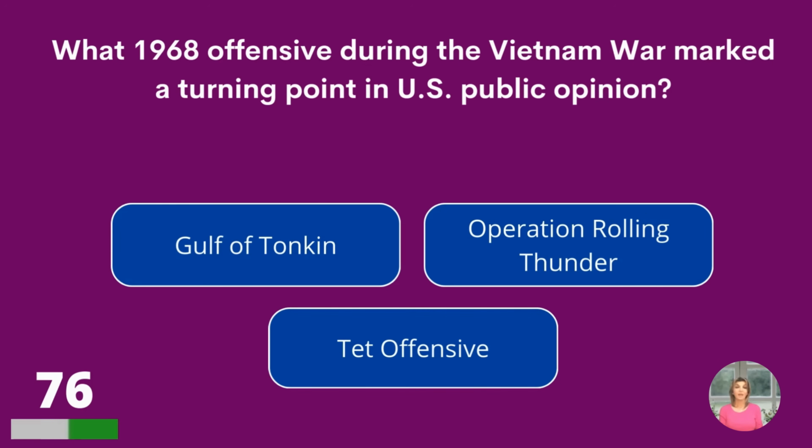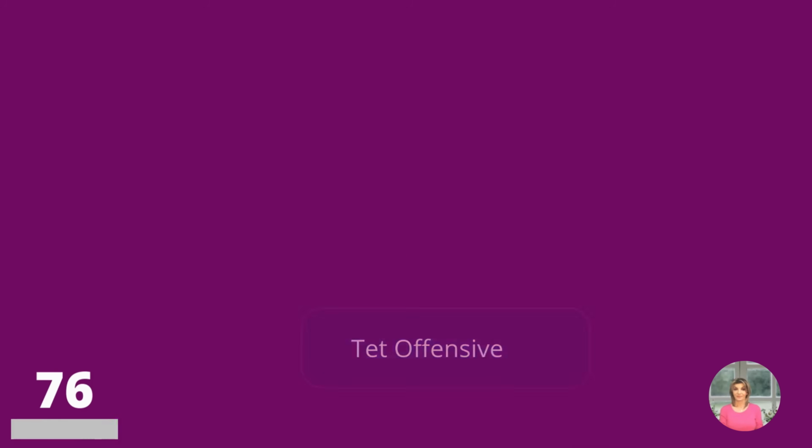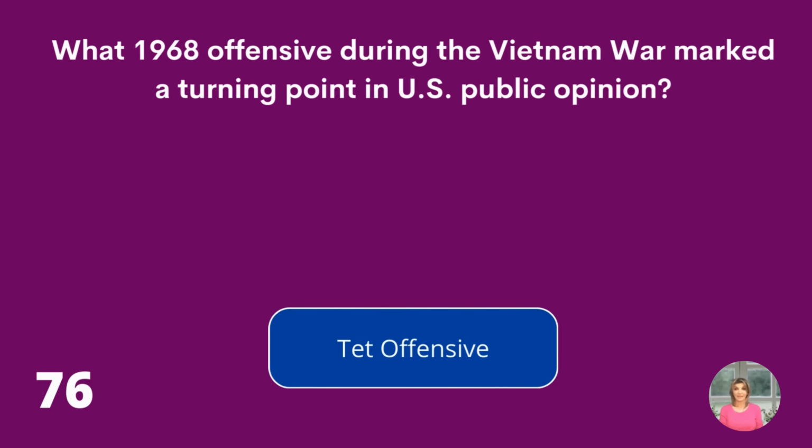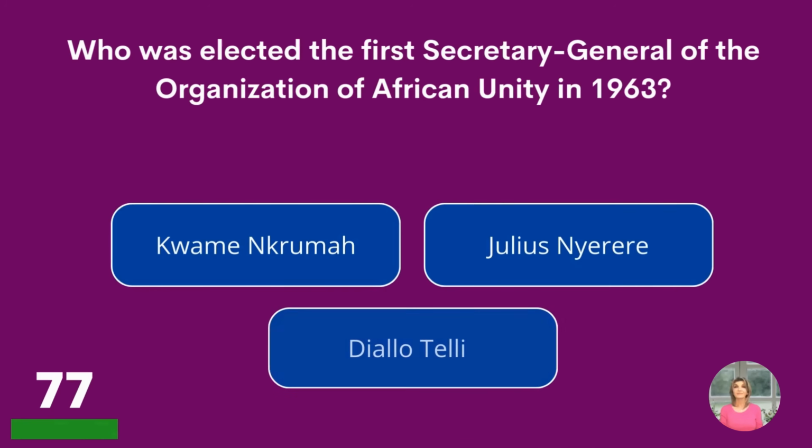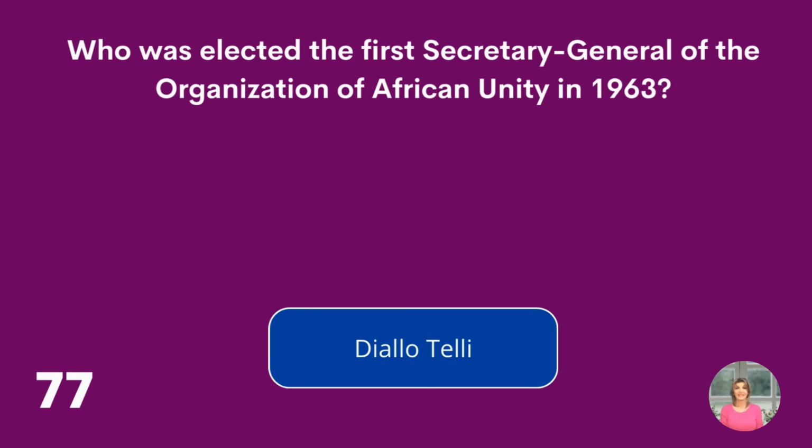Gulf of Tonkin, Operation Rolling Thunder, or the Tet Offensive? The Tet Offensive. Who was elected the first Secretary General of the Organization of African Unity in 1963? Kwame Nkrumah, Julius Nyerere, or Diallo Telly? Diallo Telly.